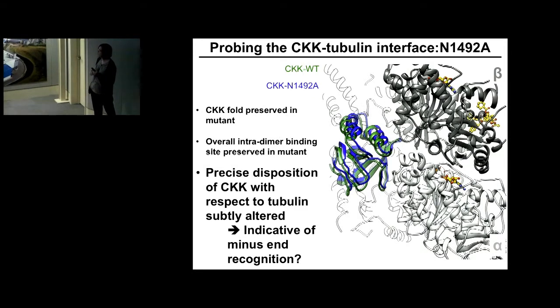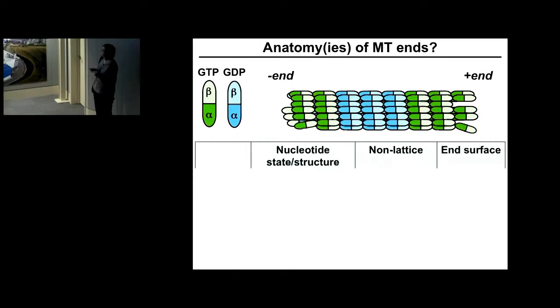And so we concluded that probably, therefore, the mechanism by which the CKK domain is recognizing the microtubule minus end compared to the microtubule lattice is also rather indicative of quite a subtle conformational difference between those two tubulin organizations. So it then becomes quite a philosophical question: what actually is a microtubule end?